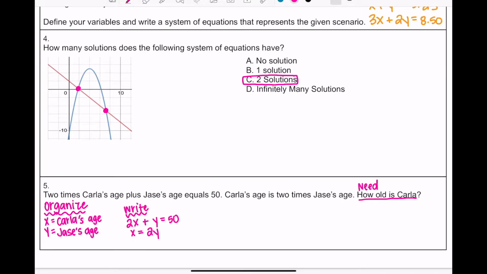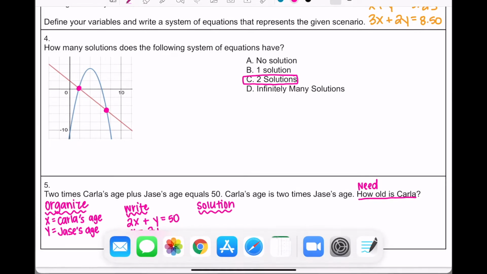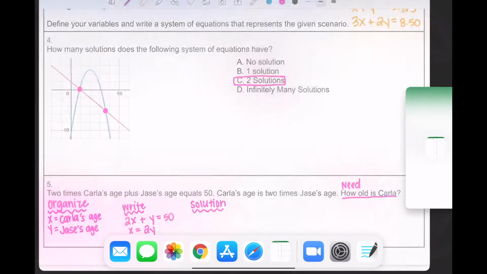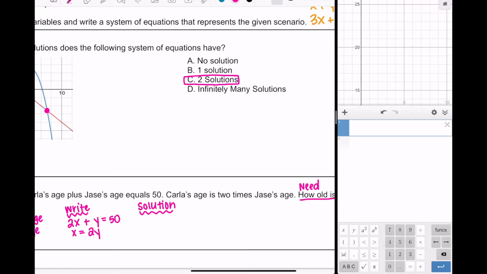So now we need to find our solution. So our solution is going to be the intersection point when we graph these two equations. All right, so that's 2X plus Y equals 50, and X equals 2Y.